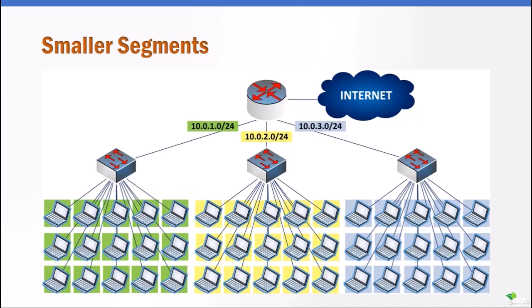It doesn't matter that their host parts are the same as long as the network portion is different. So technically, they belong to different networks. If this first computer in the green network sends a broadcast packet, the only devices that are going to receive that packet are the green laptops and the first interface on our router.